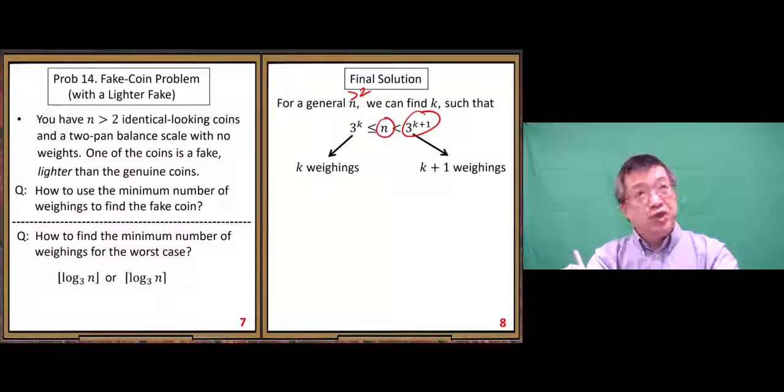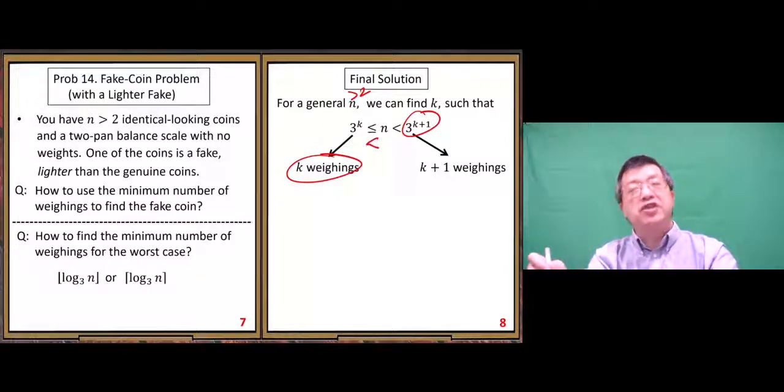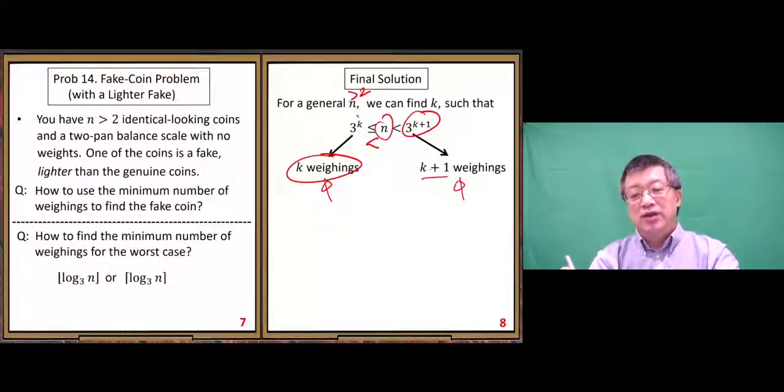So here you can assume, because in the equal case you get this answer, right? So how about we consider the strictly less than case? Because n is between these 2, the answer is either k or k plus 1, right? It should not be greater than k plus 1.